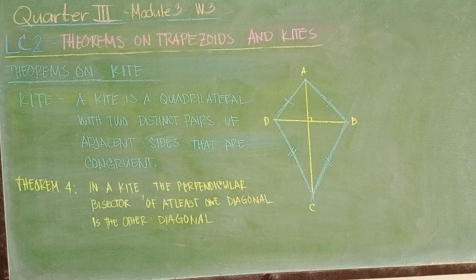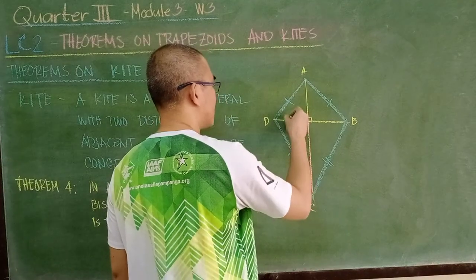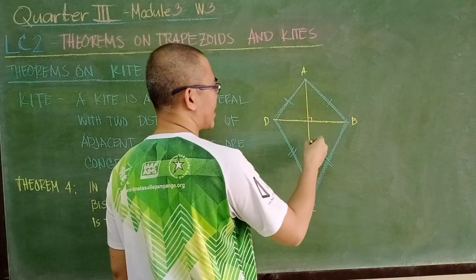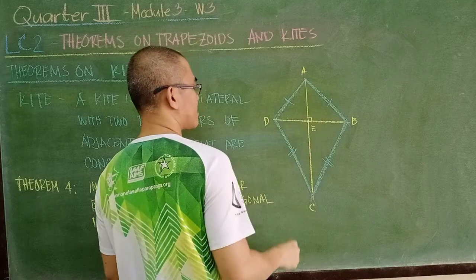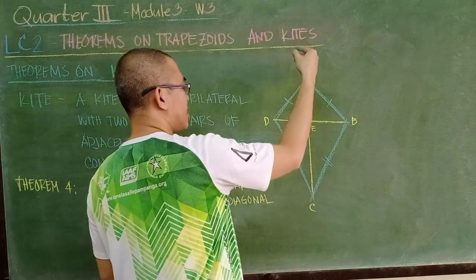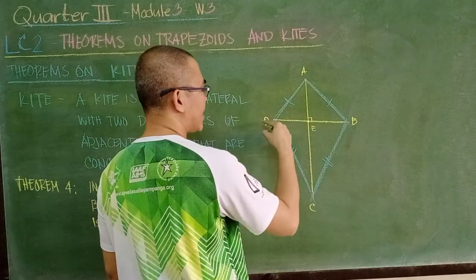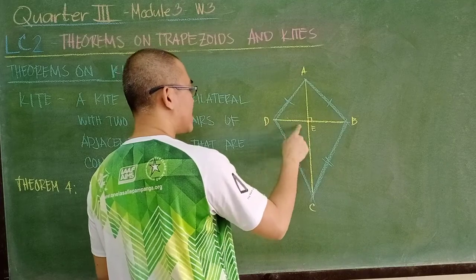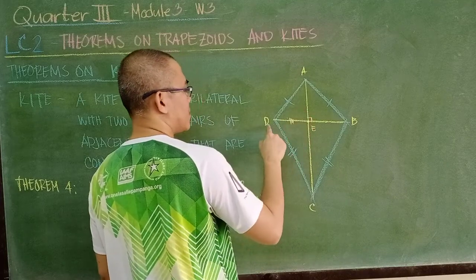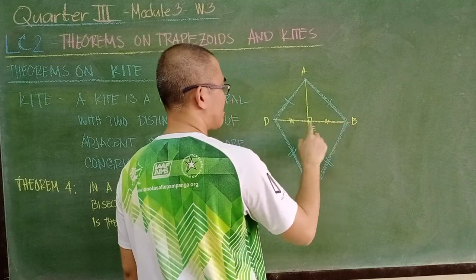Now, yung diagonal na AC, hinahati niya yung diagonal DB sa two congruent parts. So, let's say yung intersection nila is E. Let's call this E. So, yung line AC, hinahati niya yung line DB o diagonal DB dito sa may point E. So, yung segment DE at saka yung segment BE parehas ang sukat.